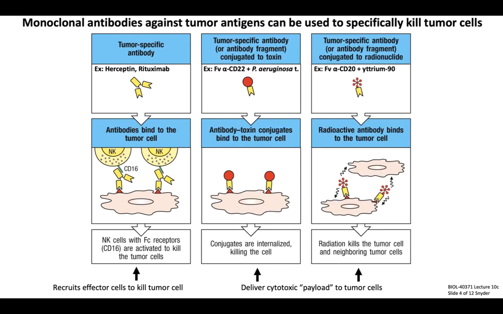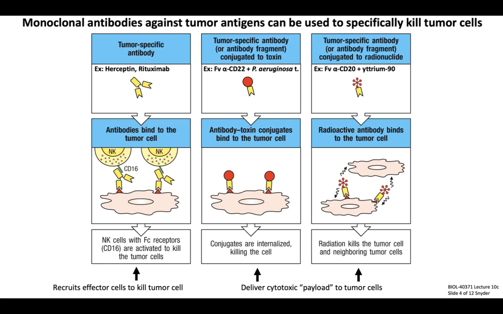Antibodies can also be conjugated to various types of cytotoxic payloads, in which case they function by targeting the delivery of cytotoxic molecules to antigen-expressing tumors. This is usually done using a single FAB fragment that contains the antigen-specific variable region of an antibody, which is conjugated to a cytotoxic molecule.